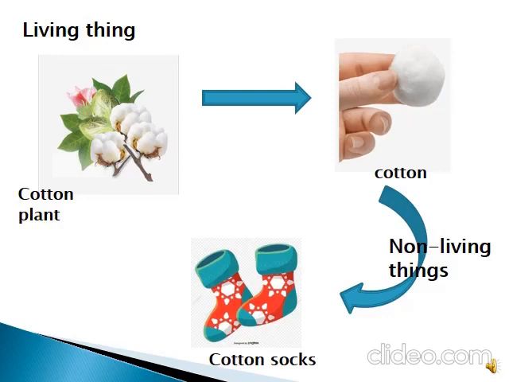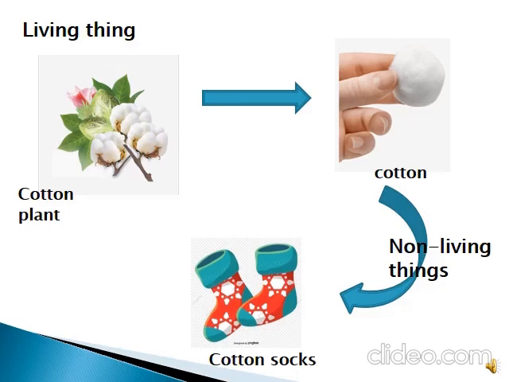Here is another example of once alive. How were cotton socks once alive? You can see the cotton socks in the picture. They are made from cotton, and this cotton comes from the cotton plant, and we know that plants and trees are living things.